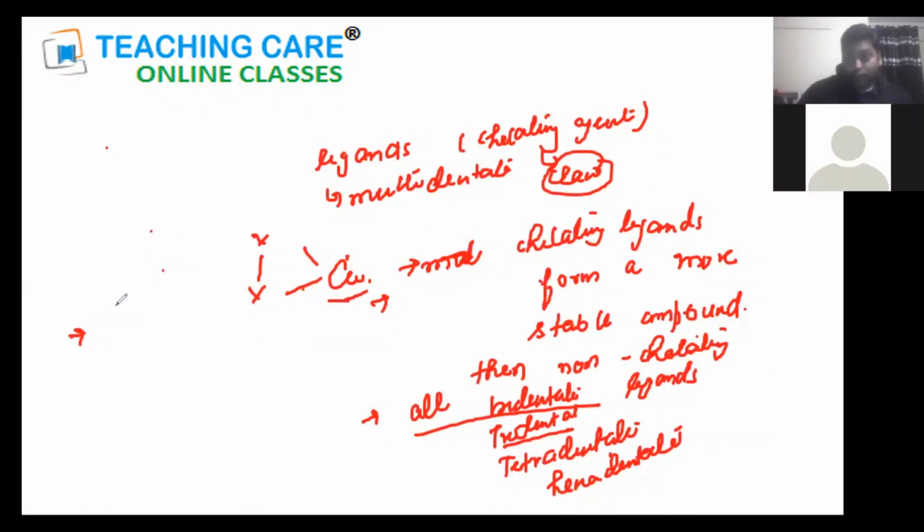The next is the peroxide ion, O2 2 minus, and it is known as peroxo. The ligand is peroxo.